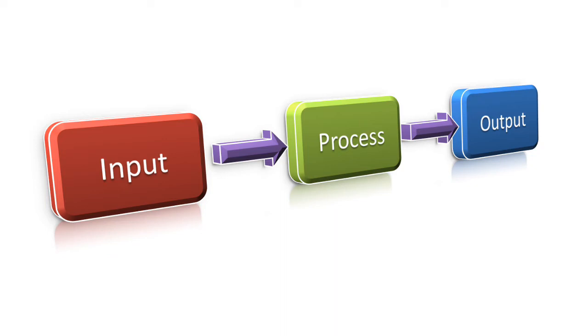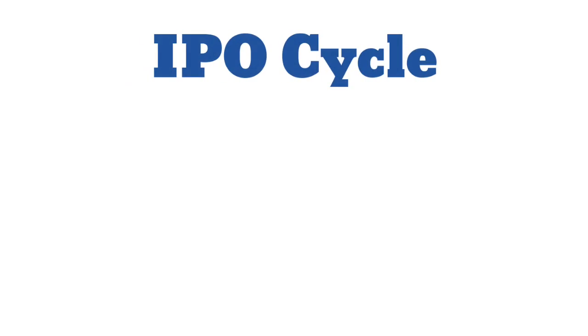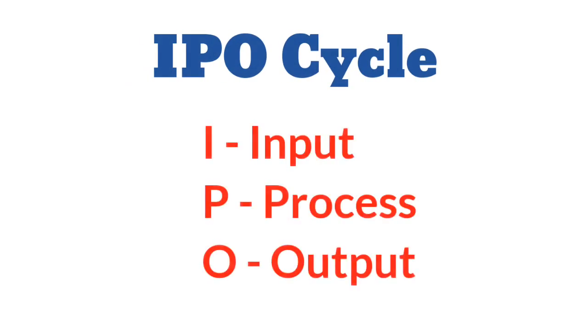When the computer processes that input, manipulating or analyzing the data, it is called process. Whenever we get any output from the computer in the form of a printed document or we can see it on the monitor, it is called an output. This is known as the IPO cycle. I stands for input, P stands for process, O stands for output.